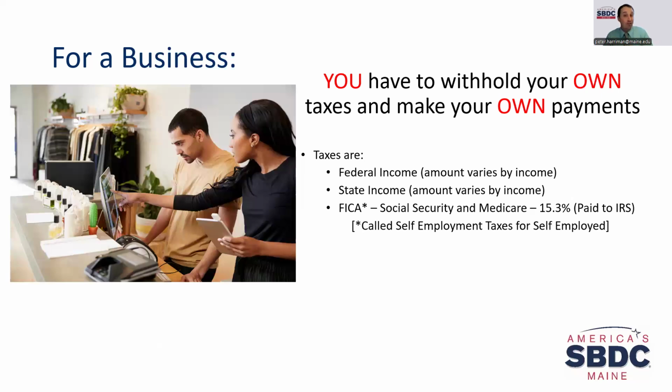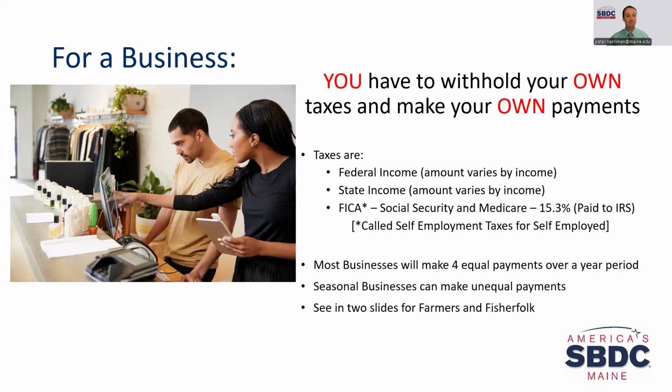They call it self-employment taxes because rather than paying 7.65%, the employee half, you as a business are going to be paying both halves, 15.3%, right? That's a federal tax, and you're going to pay that to the IRS as part of your federal estimated tax. So you as a business are responsible for doing this, versus when you're an employee, the employer is responsible for doing this. Or if you're a business, you have payroll and you're doing this for your employees, right?